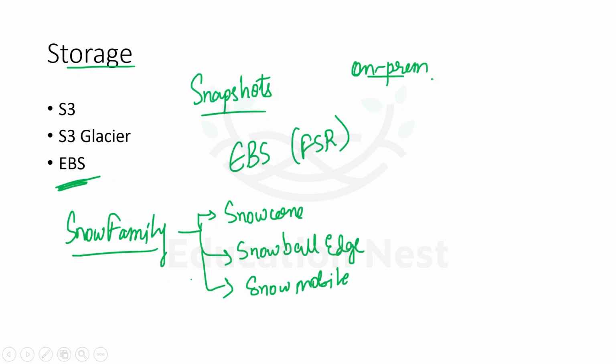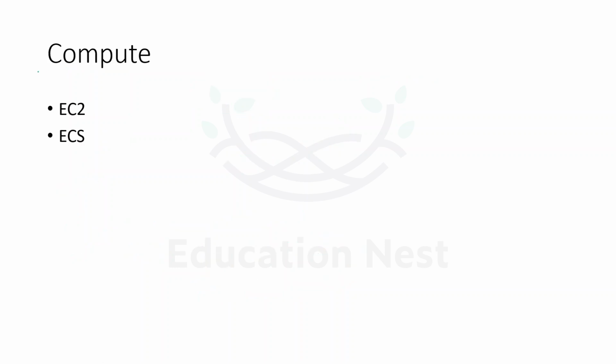Right. The next topic that we have is compute. Even when the disaster is striking, not only the storages will be affected, right? If one entire region is going down, then the compute services like EC2 or ECS will also be affected. So, how to create the disaster recovery plan for that? When you think about EC2 in context of disaster recovery plan, it is important that you create your infrastructure very quickly back again.